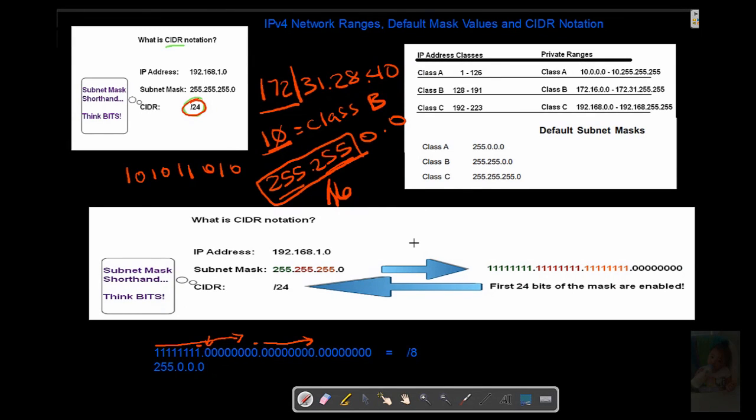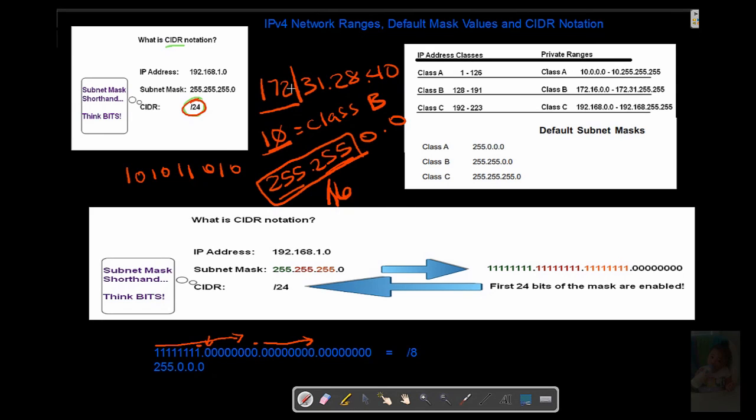At this point in time, we should be very comfortable doing decimal to binary conversions. We should be very comfortable understanding our classes as well as our private ranges. We're going to have to remember those as well. We should be very comfortable understanding IPv4 network ranges.